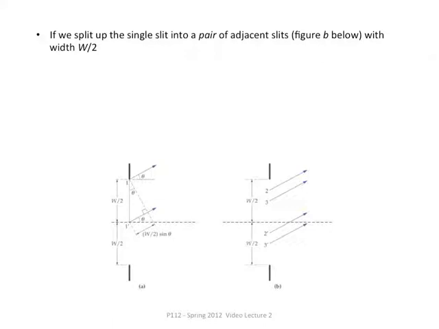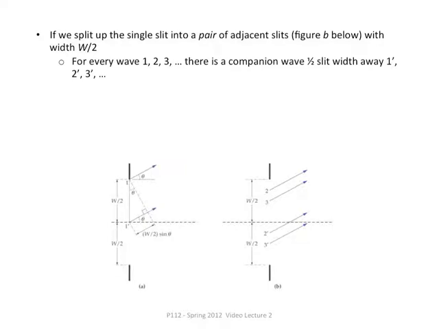So with this pair of adjacent slits, instead of one slit now, we can really imagine this as two separate slits right up against one another. We have additional waves coming through. We can think of wave 1 and 1 prime, or 2, 3, 2 prime, and 3 prime coming through these slits with width W over 2.